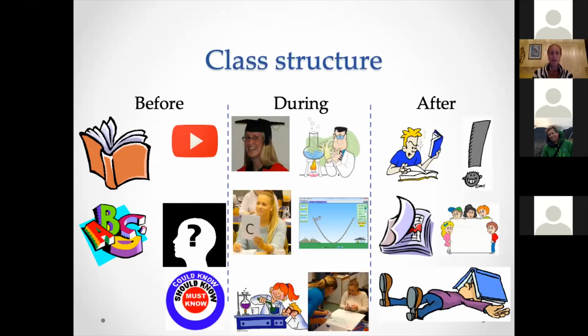So the implementation of this overall structure in my actual classes looks like this. There are activities to be done before class, then there are activities that we perform during class, and then there are activities after class.